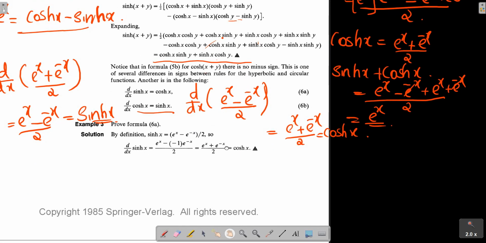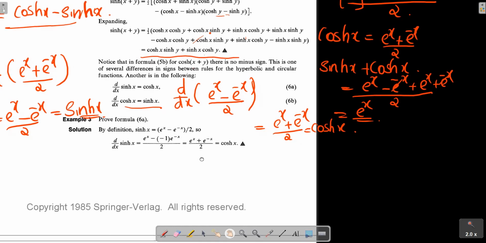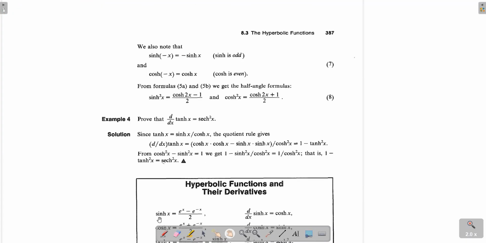So next is the formula, and also note these identities, that is sinh of minus x is equal to minus sinh x. How will you find that? What is sinh x? That is (e raised to x minus e raised to minus x) divided by 2.